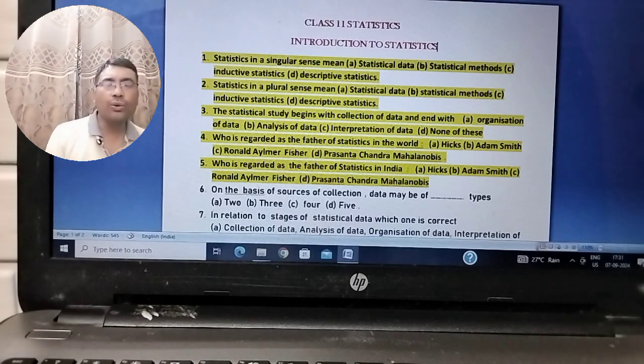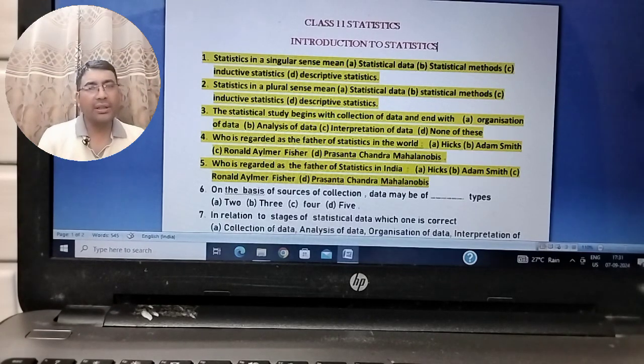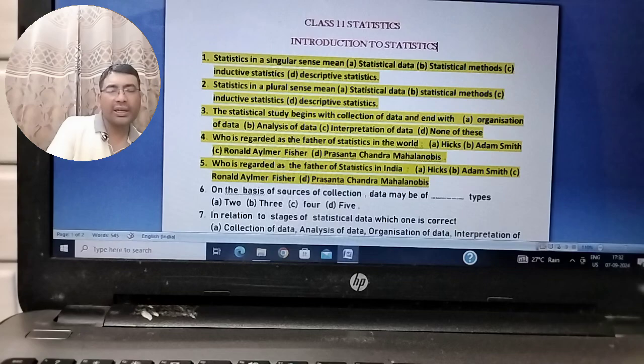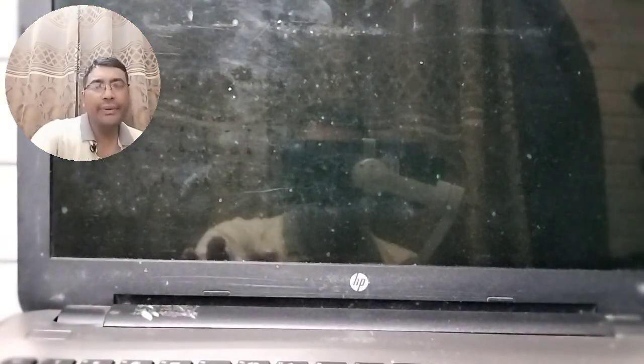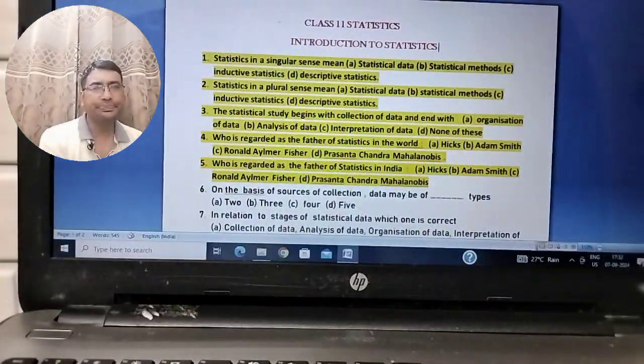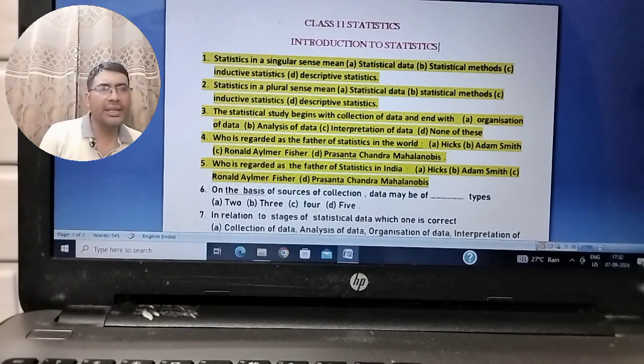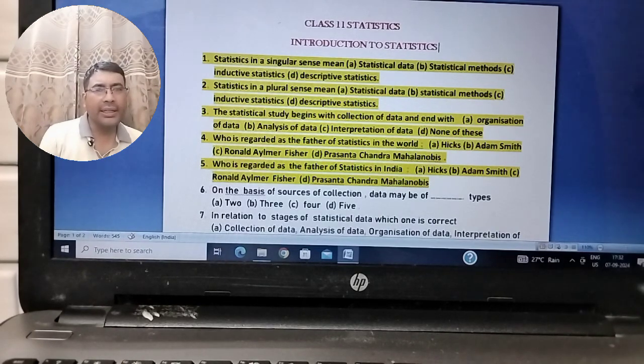So this is just the background relating to what statistics exactly means. Now let's get started with 15 MCQ questions. Number one, statistics in a singular sense means: statistical data, statistical method, inductive statistics, descriptive statistics. As already informed, statistics in a singular sense means a method.